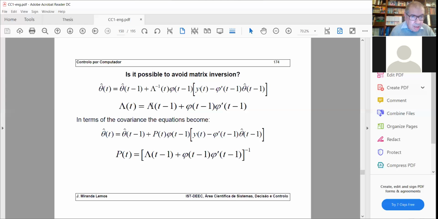And okay, remember that the inverse of the information matrix is the error covariance matrix P. So I put here P of t, and I'm inverting this formula, so I get that the inverse of lambda is the inverse of this sum. So I'm saying that P, the inverse of lambda, is the inverse of all this stuff here.